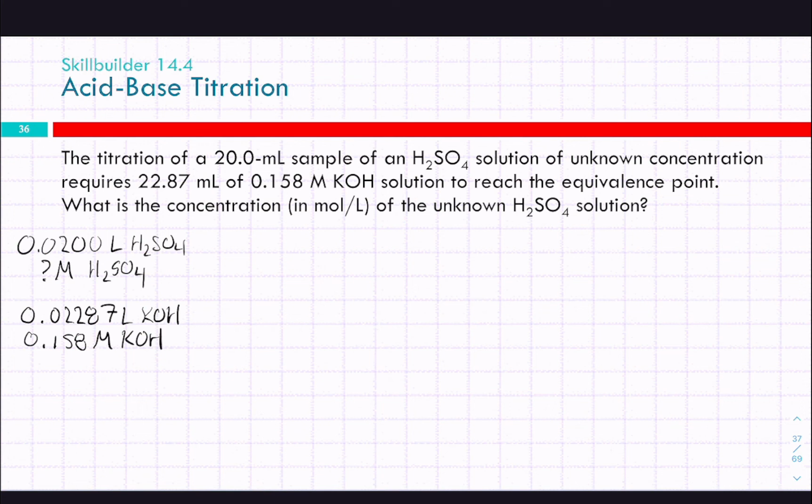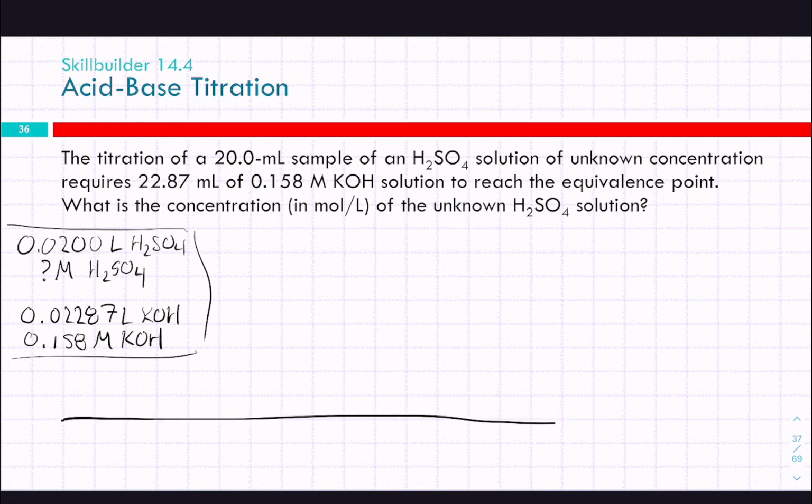Okay. So when we set up a stoichiometry problem for this, it's not a straight line, but that's okay. Basically going to do the same thing, but we're not going to stop and talk about all the steps in between. But this will be all of the same steps in a single line.